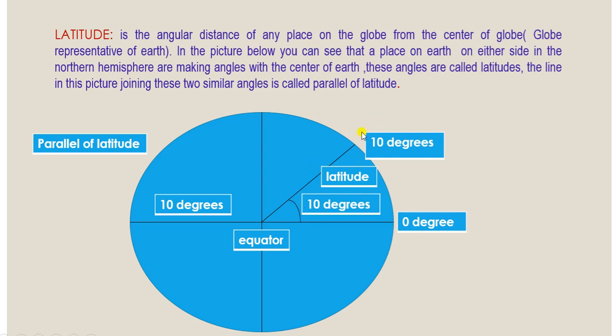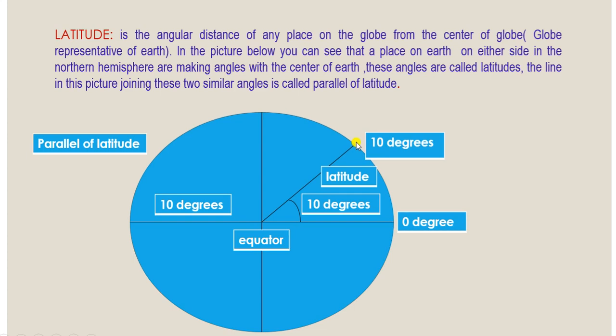So for this place A, the latitude is 10 degrees. It is 10 degrees from the center of earth. That's what we say angular distance of an angle.